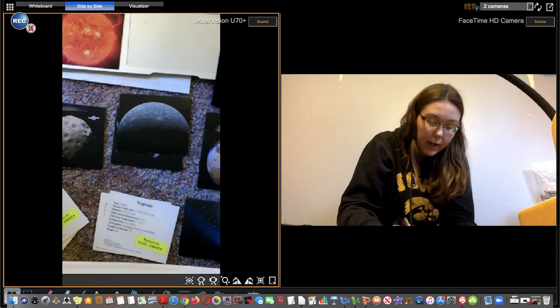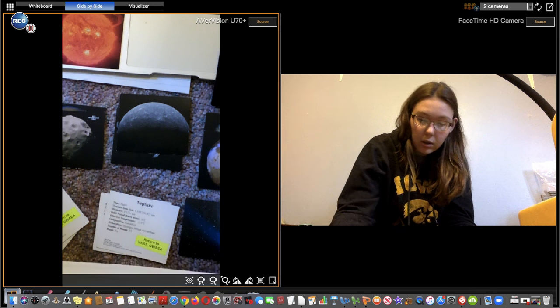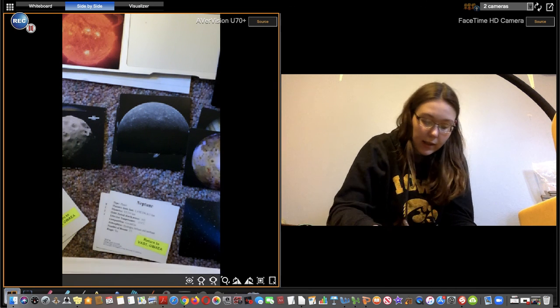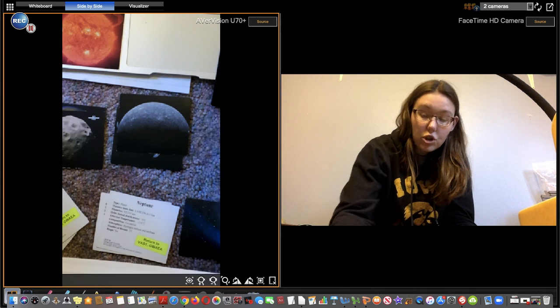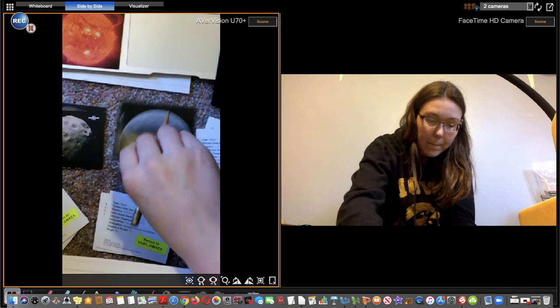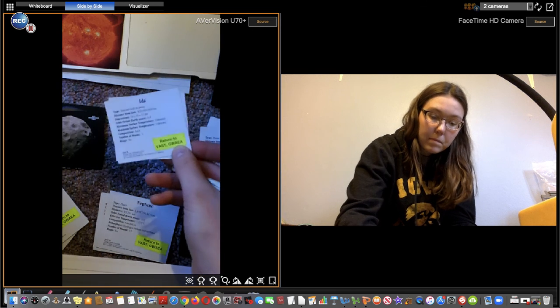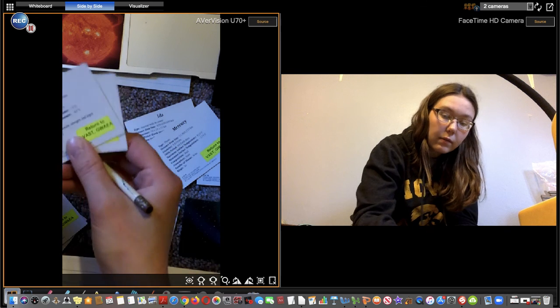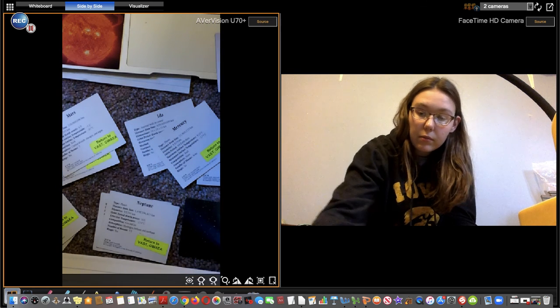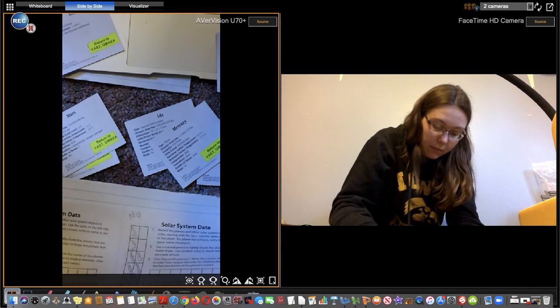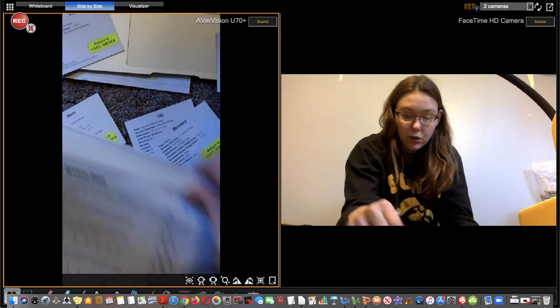Uranus is made out of gas, so we're going to circle. Saturn is a gas planet. Jupiter is a gas planet. Let's see, and I believe there shouldn't be any more rock planets. And then, of course, the Sun. We're going to circle it because it's made out of gas as well.